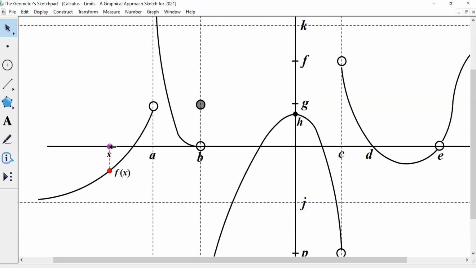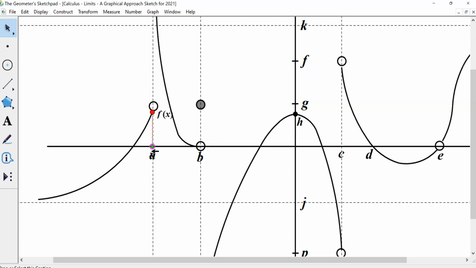So as I move it, the y value changes. And as I start to get really, really close, but not equal, x does not equal a, but if I get it as close as I can possibly get it without it actually equaling a, what do you see the y value getting really, really close to? So notice, it's getting really, really close to that open circle.